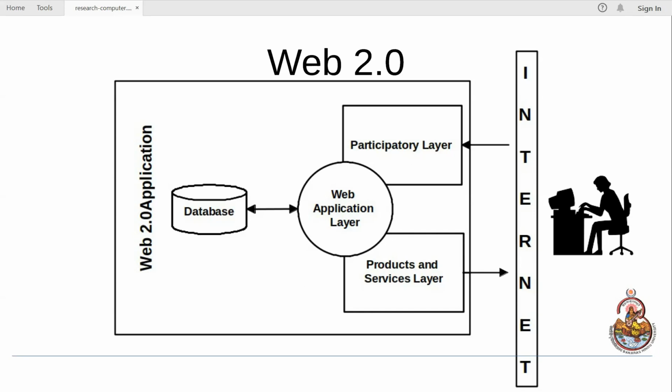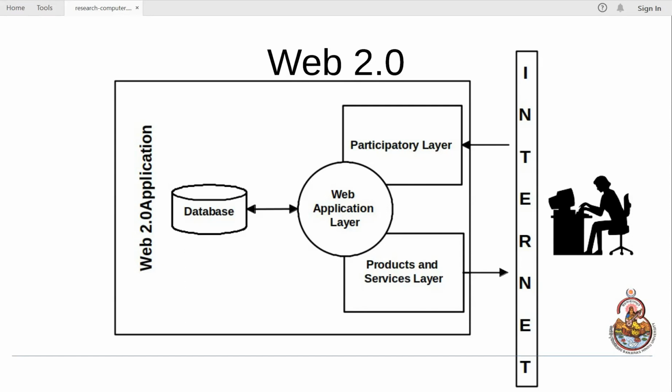Okay. And the moment I publish something on the web, the piece of information I have published is available to the whole world or to the intended audience. And not only that, they can give feedback, and immediately I can start getting the feedback.